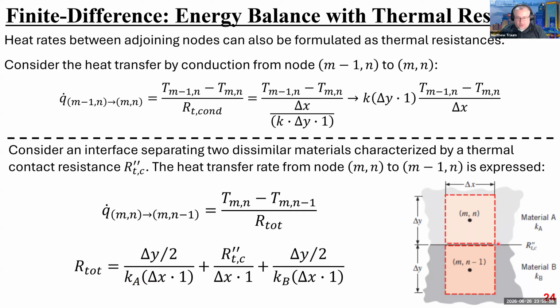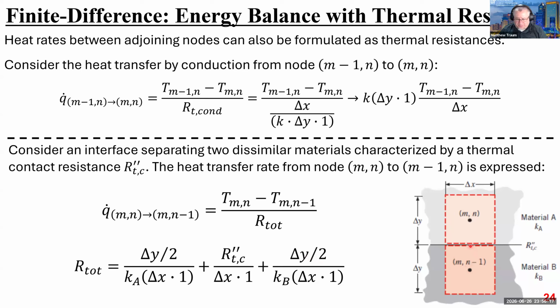Here is the actual contact resistance. That's a value that will be given, and then it gets divided by the area across which the contact resistance is acting. Then we add another thermal resistance from this spot down to my central node. And what is that?